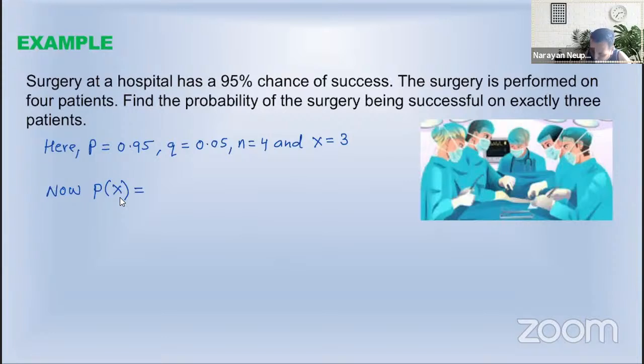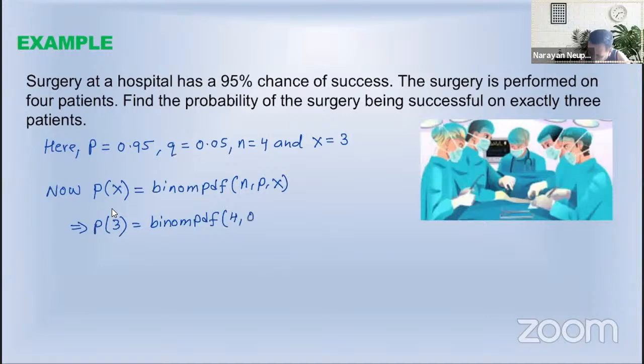What we do is binomialpdf in our calculator, then we'll have n, p, x. If we substitute, it is binomialpdf. The value of n is 4, the value of p is 0.95, and the value of x is 3.